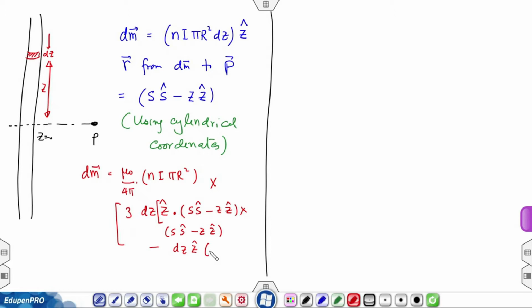So, I am going to multiply this by s square plus z square divided by (s square plus z square) raised to 5 by 2. It is supposed to be 3 by 2 if I use unit vectors in the first term. So, here is dB, not dm, dB. So, let us correct this.